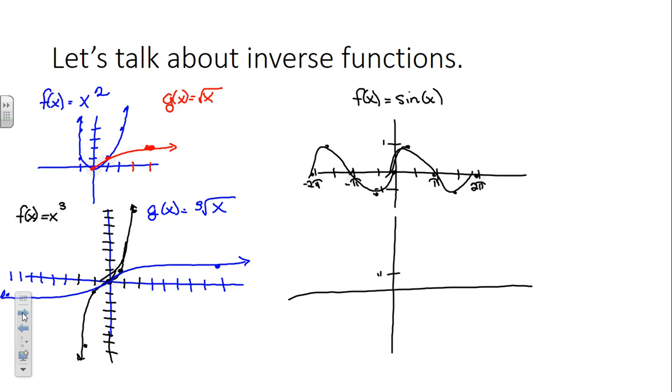Pi over 2, pi, 3 pi over 2, 2 pi, and our x-axis will now have the y values, right? We'll get to go as big as 1 and as small as negative 1. Okay, so what's this going to look like?